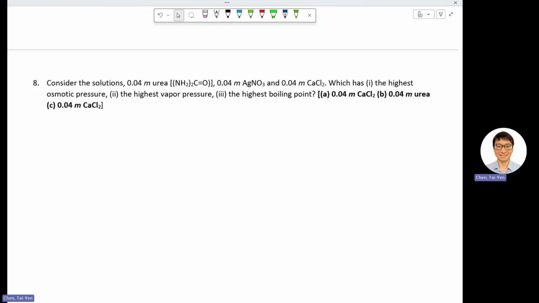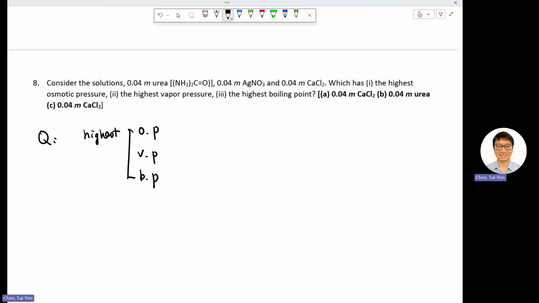Which has the highest osmotic pressure, the highest vapor pressure, and the highest boiling point? So these are the three properties that you want to know.